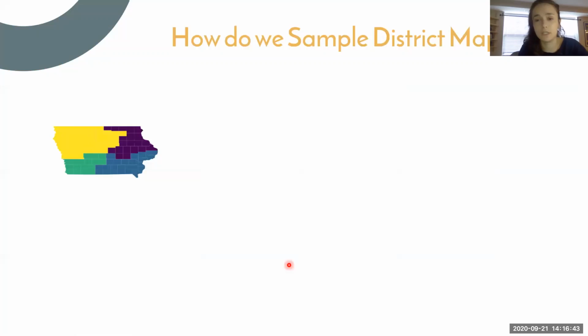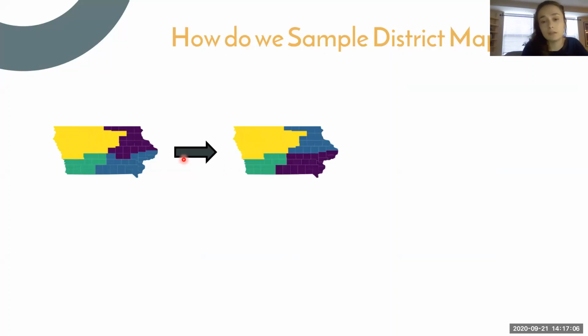So how do we sample district maps? What does that even mean? Here is a map of Iowa's congressional districts. Iowa is the only state that requires its congressional districts to be made out of whole counties. So it has 100 counties and 4 districts. If we want to make a new map, what do we do?